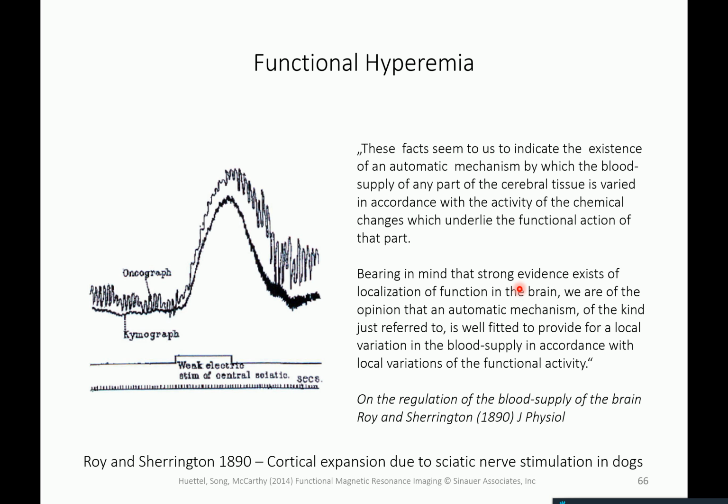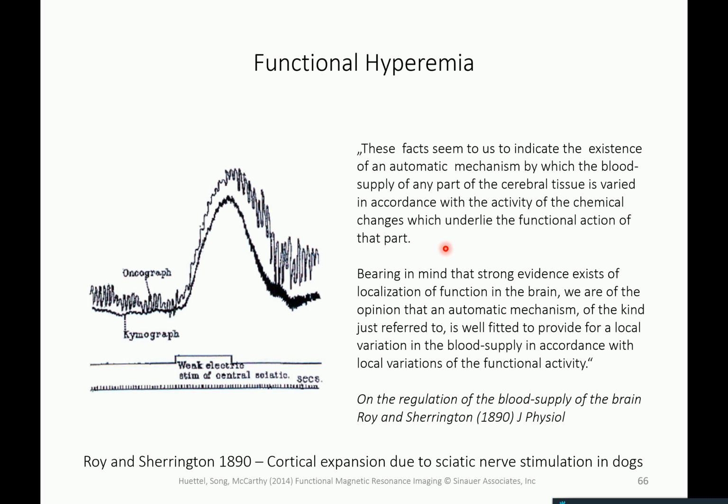So what they already, Roy and Schenken, published in 1890 is that these facts seem to indicate the existence of an automatic mechanism by which the blood supply of any part of the cellular tissue is varied in accordance with the activity of the chemical changes which underlie the functional action of that part.